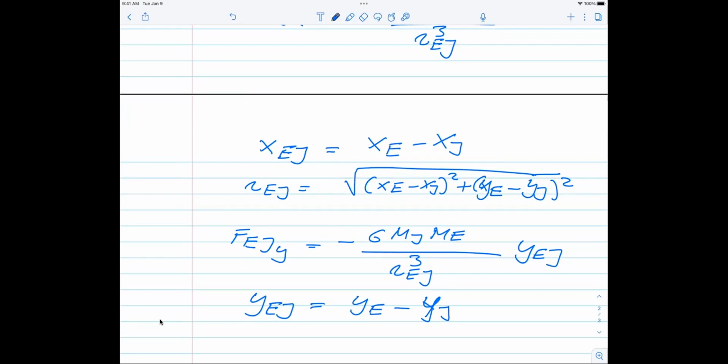So this is again you implementing Newton's third law. So Jupiter feels a similar force, but you have to change the sign.